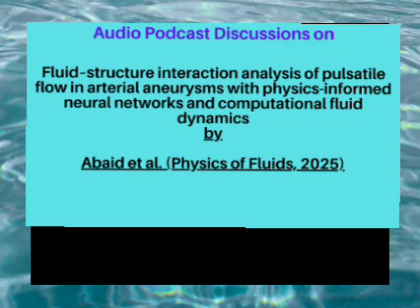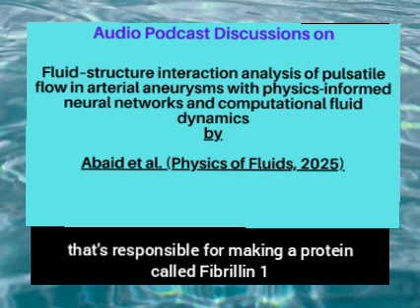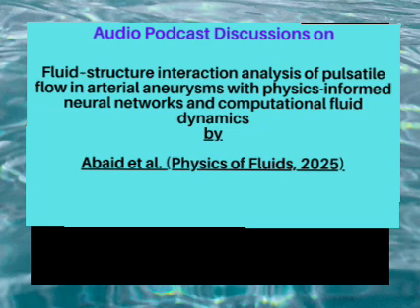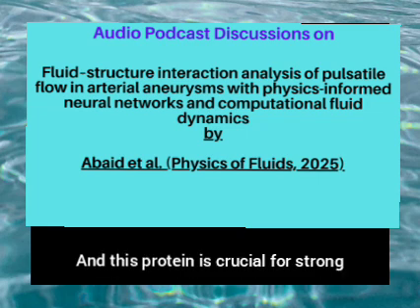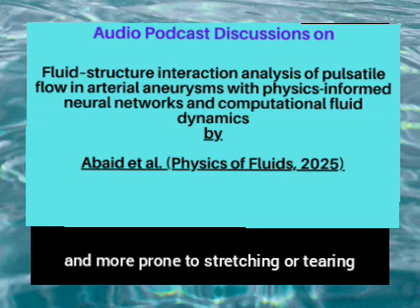Okay, the scaffolding. Yeah, exactly, the scaffolding. And in Marfan syndrome, there's a problem with a specific gene that's responsible for making a protein called fibrillin-1. Fibrillin-1. Okay. And this protein is crucial for strong and healthy connective tissue. So when it's faulty, the connective tissue is weaker and more prone to stretching or tearing.